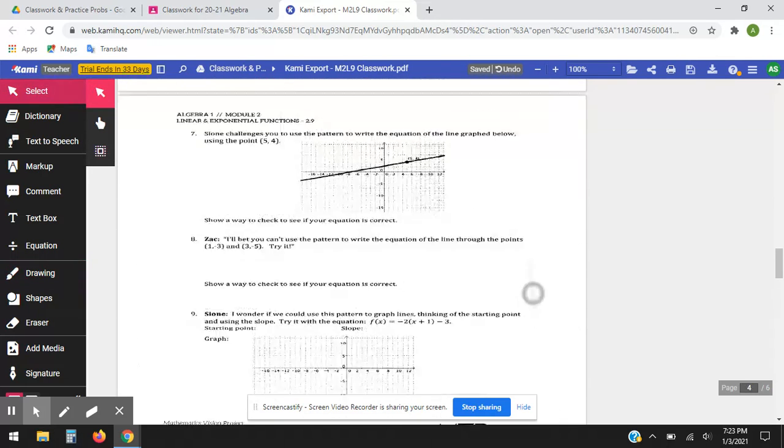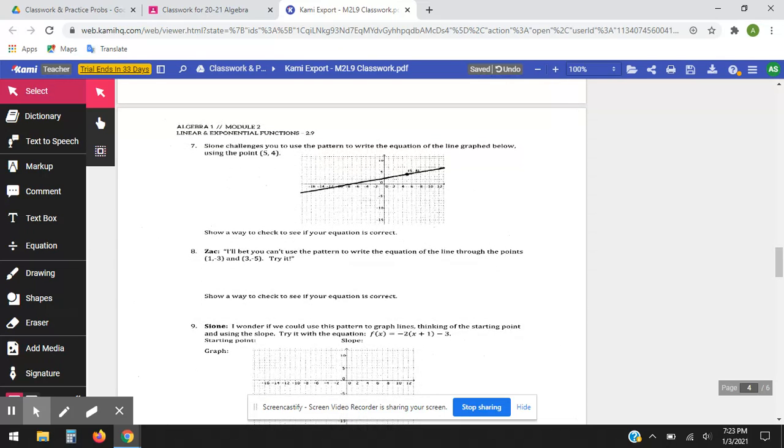All right, keep going. Number 7. Sion challenges you to use the pattern to write the equation of the line graphed below, and you want to use the point 5, 4. Well, we have a point. The other thing we need is a slope, right? We can't do this unless we have a point and a slope.